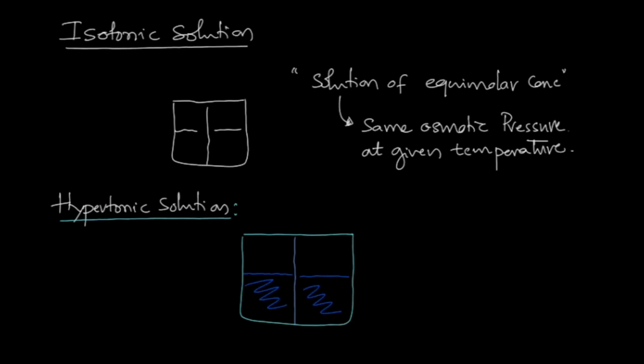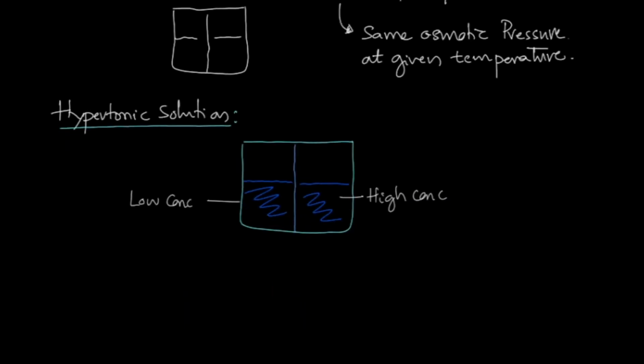Let me take one side with high concentration and the other with low concentration. You know that osmosis is the movement of solvent molecules from low concentration to high concentration. The solution with higher concentration has less vapor pressure, so on that side you have to apply more pressure to stop the osmosis.